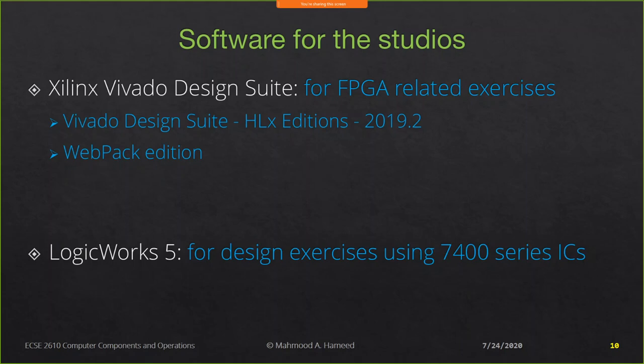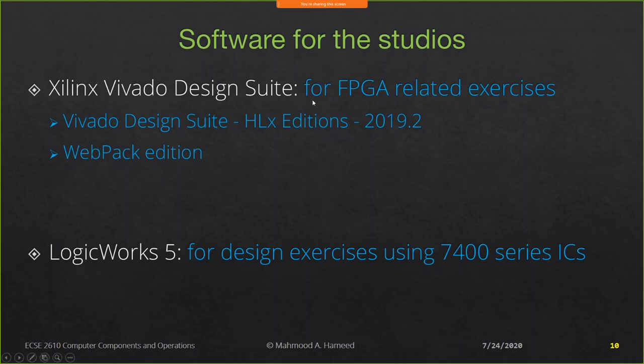Next, let's see, software for the studios. So if I want to program the FPGA board, I need software on my computer to help me write the VHDL code. There are mainly two programming languages that you use to program an FPGA. One is VHDL, the other is Verilog. We will be using VHDL for this class.